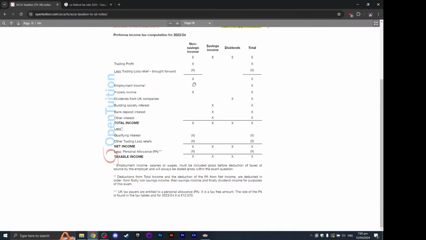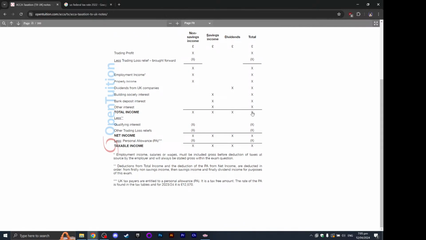And of course, employment income, then property income, and so on. And then dividends, savings, building society interest, bank deposit interest, other interest. Total income. So you have it all here. Less qualifying interest. Less trading loss relief. Net income. Then when you get all these together, you get personal allowance.